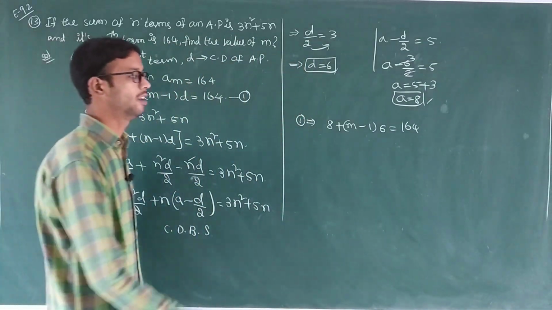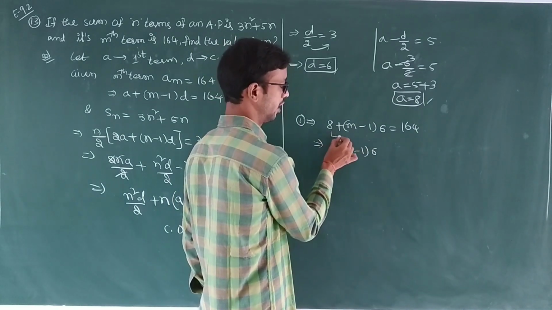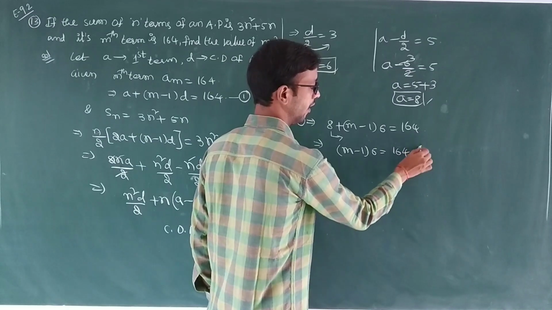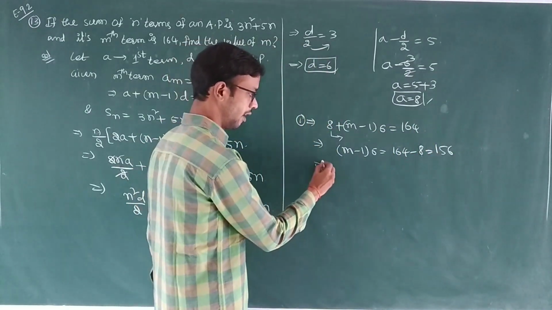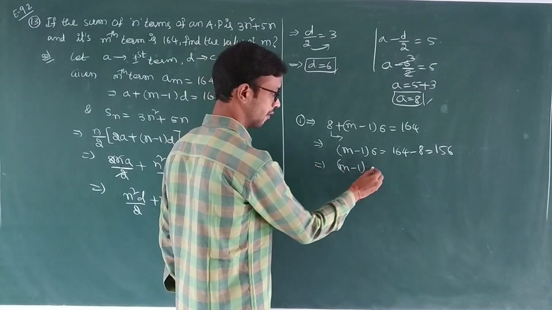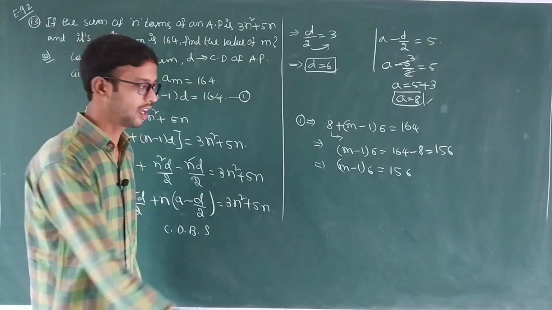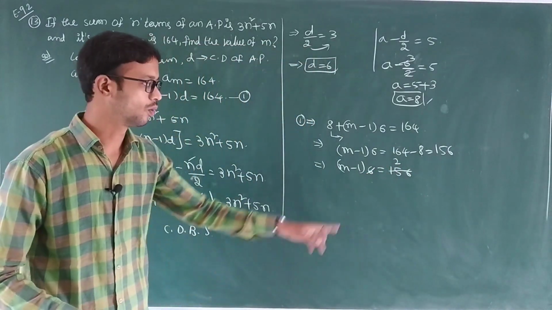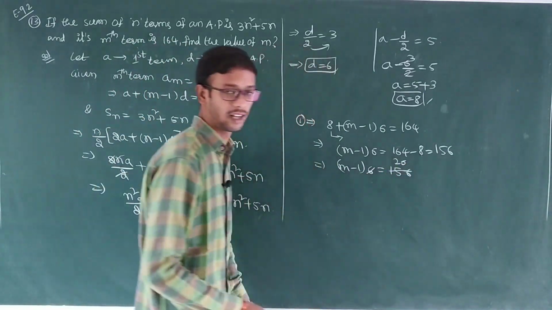We need m value, so that's why (m − 1) into 6, send left side: 164 minus 8, 156. (m − 1) into 6 is equal to 156. 6 table cancellation. 6 1s are 6, 6 2s are 12, 6 6s are 36.